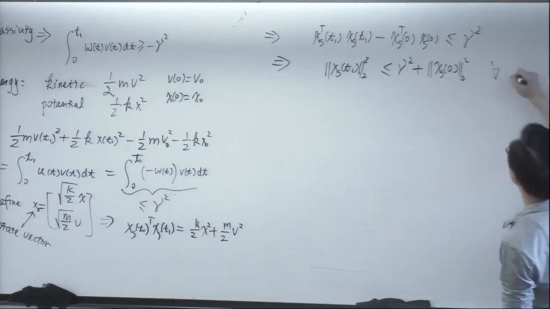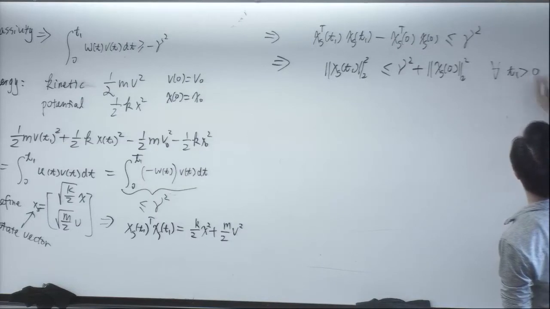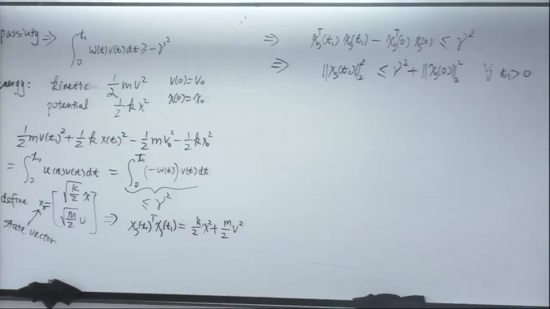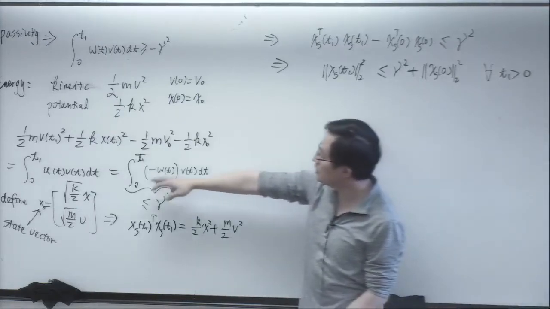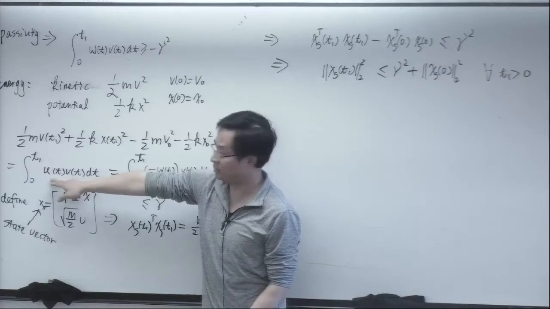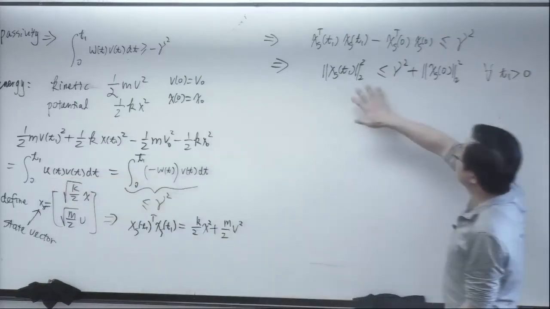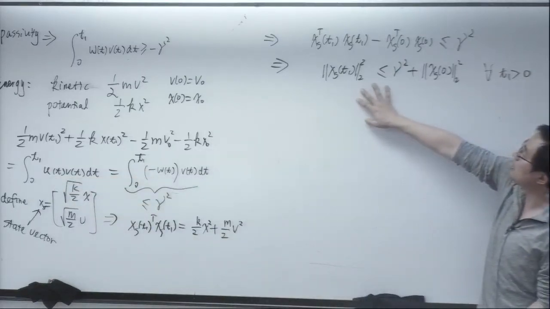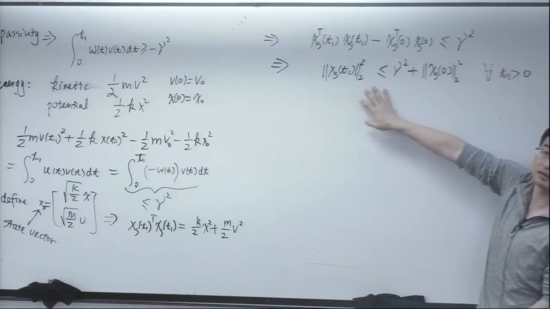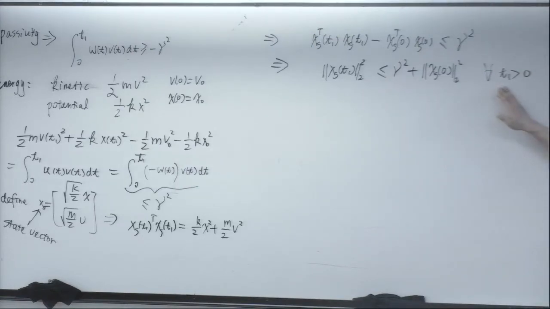This is for any t1. And this is actually a very strong condition now, right? This is saying regardless of how you apply your control law, we can always guarantee the state will be bounded at any finite time.